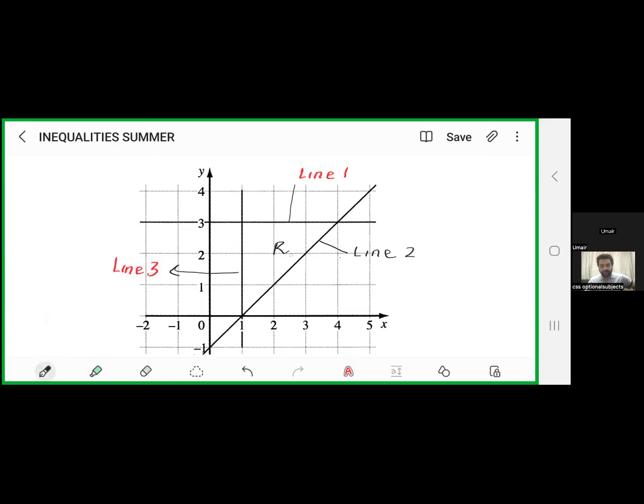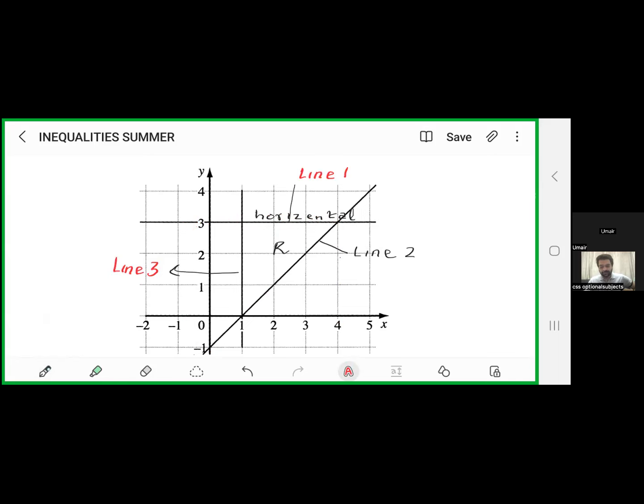Whenever you have a horizontal line, its equation will be in y. This horizontal line is passing through which value of y? This is y equal to 3. At this point, y is 3.